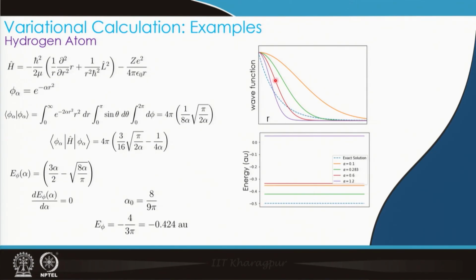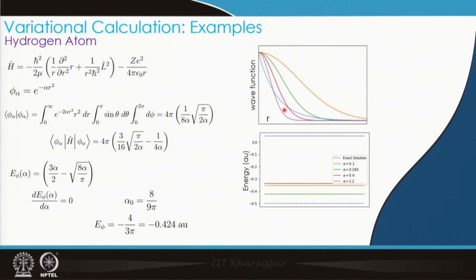Now, look at the wave function. When I consider the wave function, I see that the blue dashed line is the true solution. The solid lines are the values that I am obtaining from this trial function. So, you see in most cases the trial wave functions are not able to reproduce the shape of the true wave function.